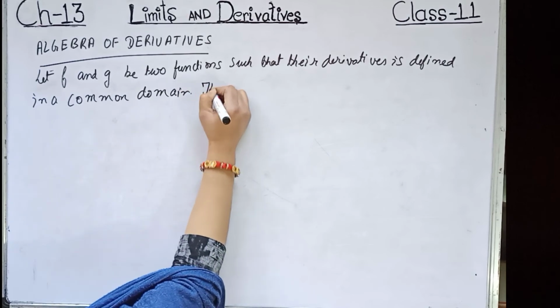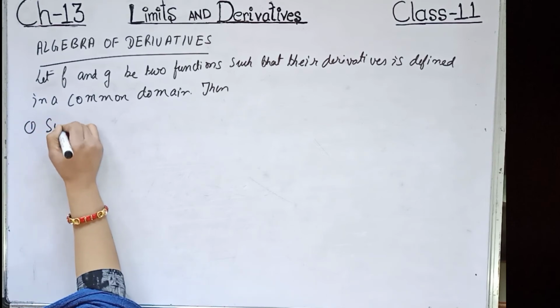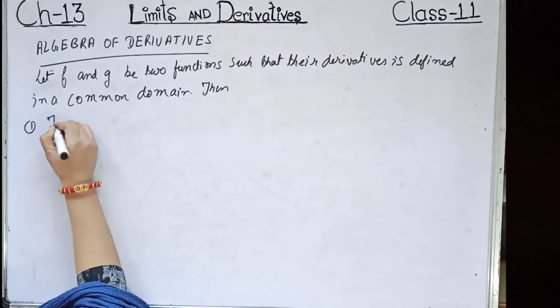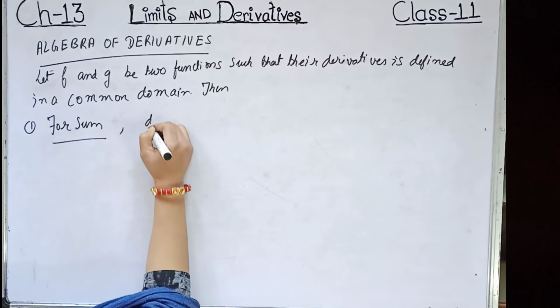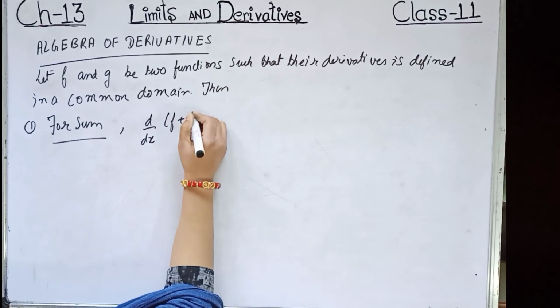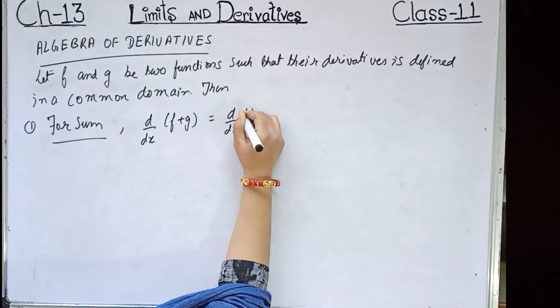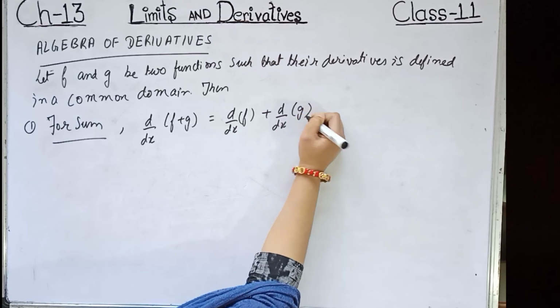Then number 1, for sum of two functions, means d by dx of (f plus g) equals d by dx of f plus d by dx of g function.